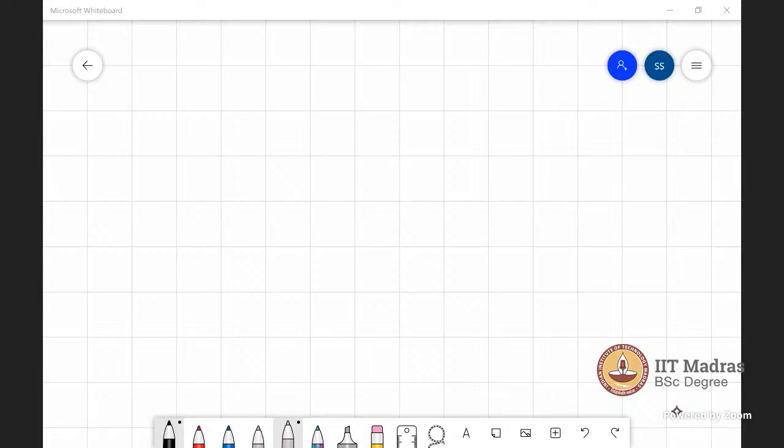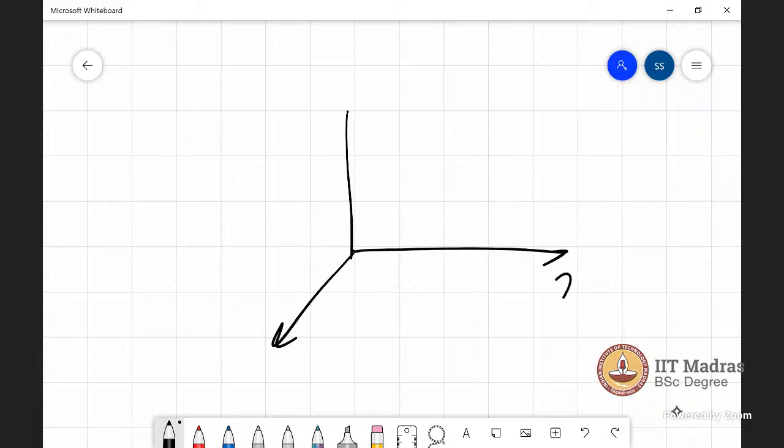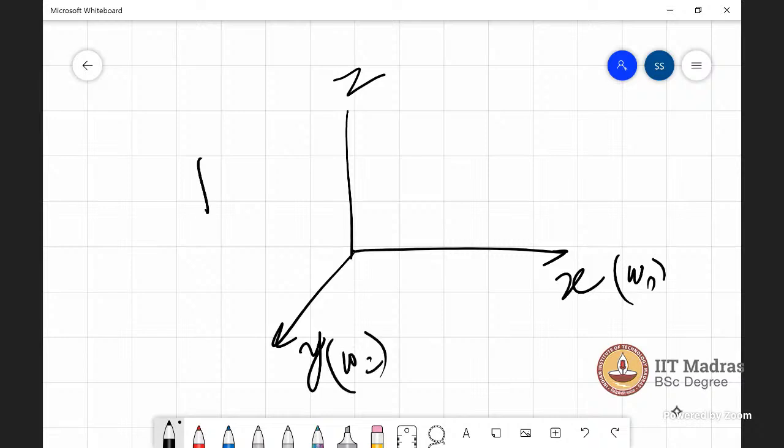Yes, sir. Okay, so let's say we have this 3D model. This is my X, this is my Y, this is my Z, or in other words, this is my W0, this is my W2, and here I'll write P, which is equivalent to the penalty term.